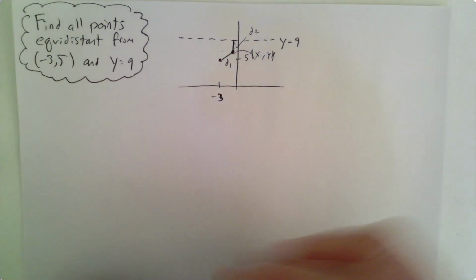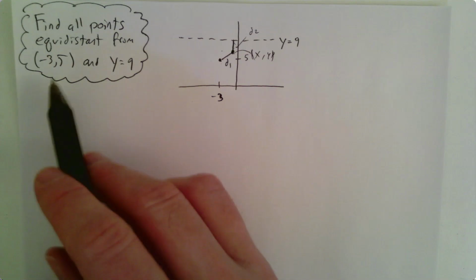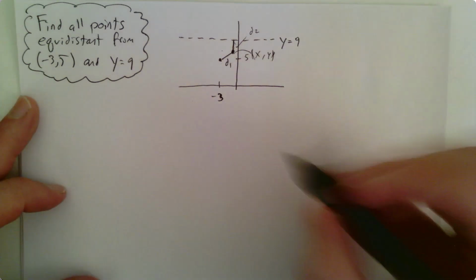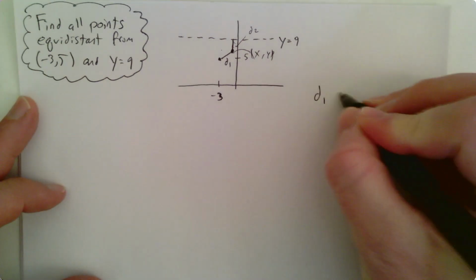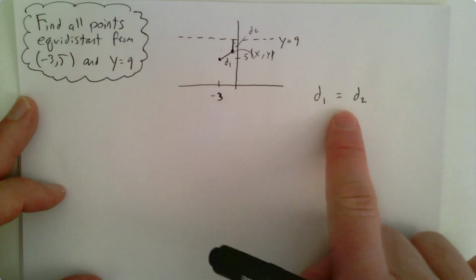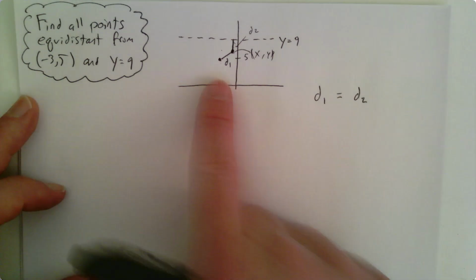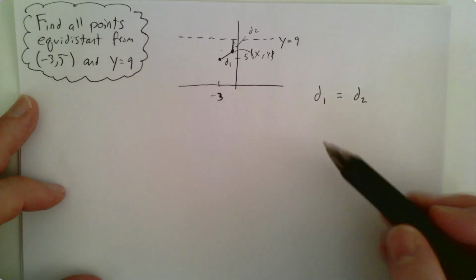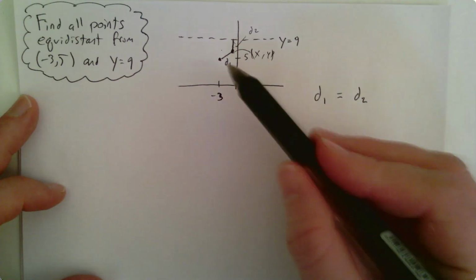So now we've got this generic sketch with D1 and D2. If I'm going to restate my geometric statement with algebra, I'll say that we want all of the coordinates where distance 1 is the same as distance 2. And now I can substitute in expressions for how to find distance 1 and distance 2. So distance 1, we'll just use the distance formula.